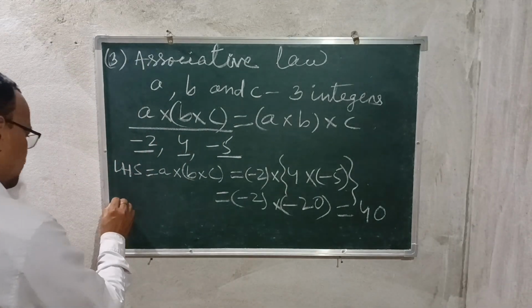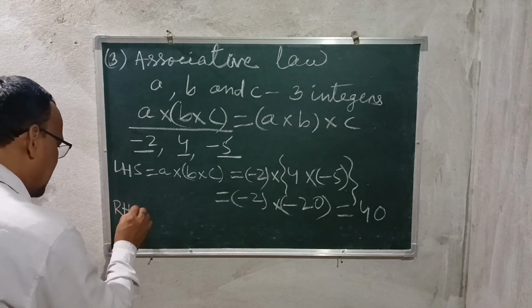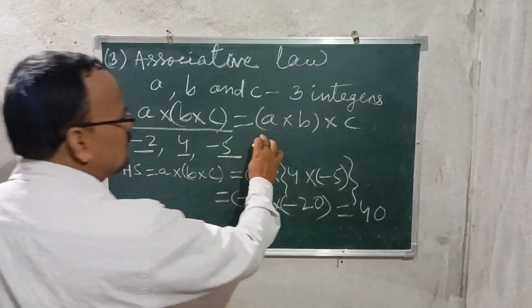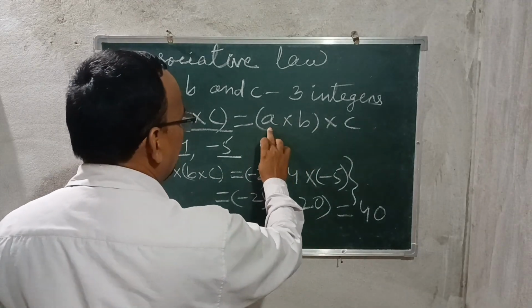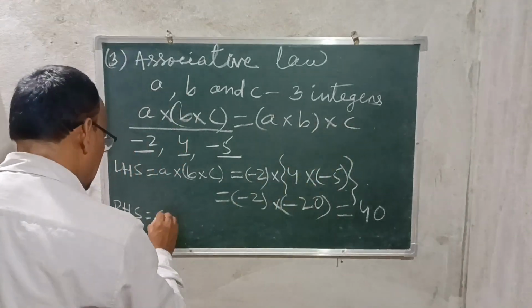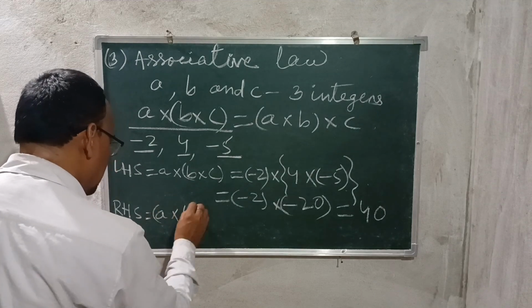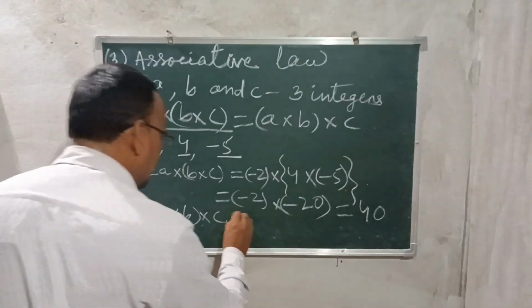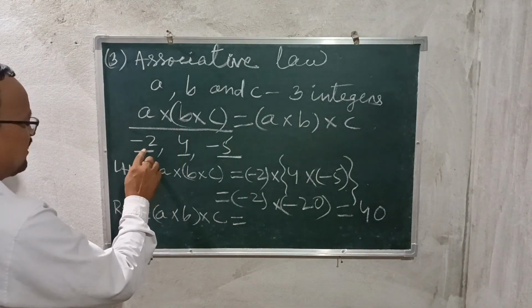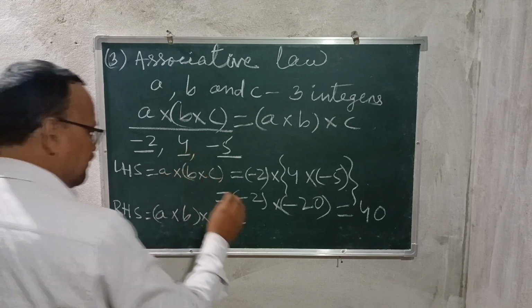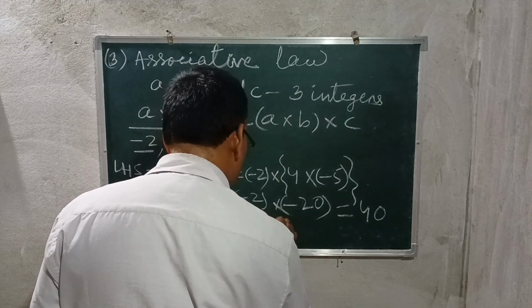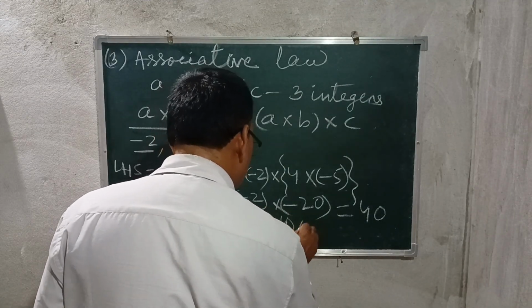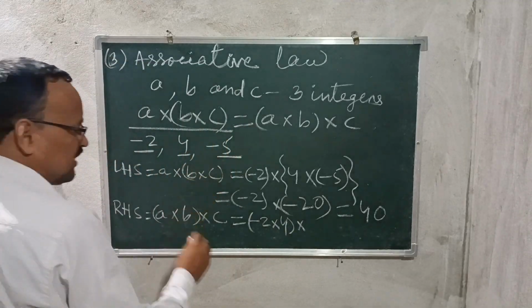And to solve right hand side, first take the statement. What is that given? (A into B) into C. A into B: A is given -2, B is equal to 4. -2 into 4 into C. What is that given? -5.